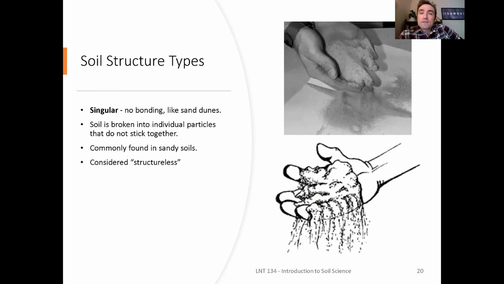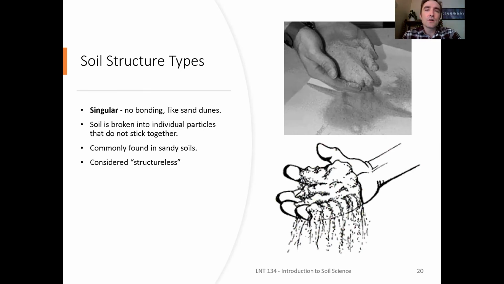And then you've got what's called a singular structure, or you could think of it as like no structure. There's no bonding and everything is just pulled apart. There's no aggregates. And so this would be a singular soil structure, and you might think, oh, it's great because it's nice and loose.